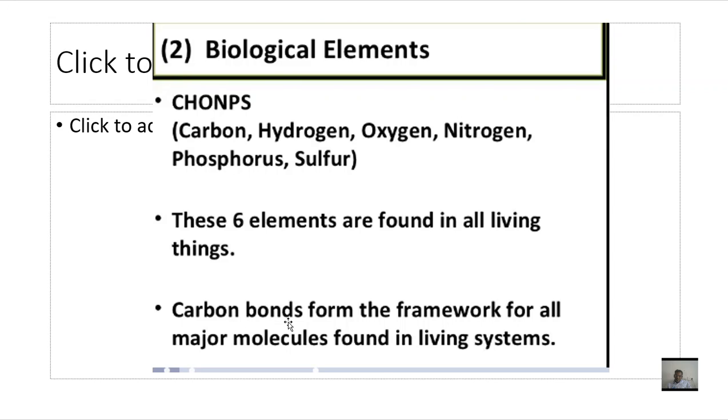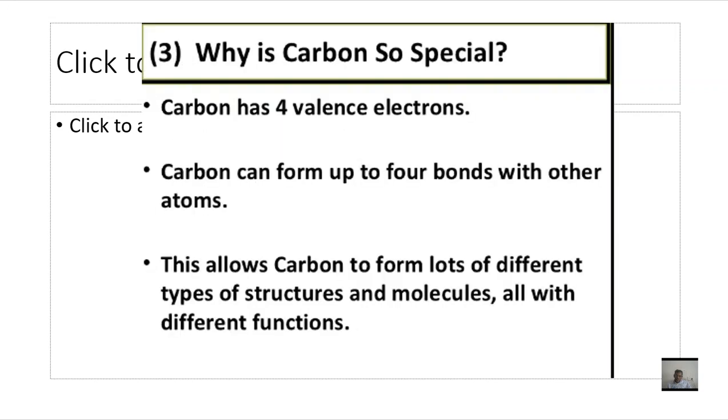Carbon bonds form the framework for all major molecules found in the living things. The carbon is very, very important. Next we go for why carbon is so special.